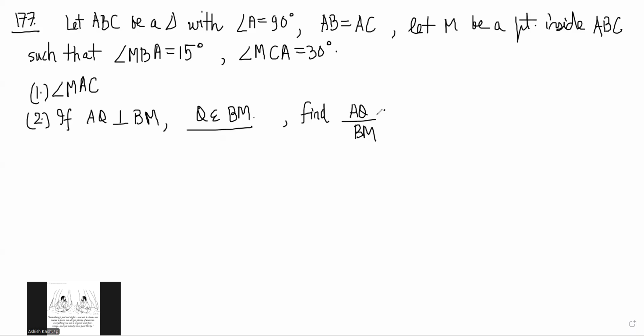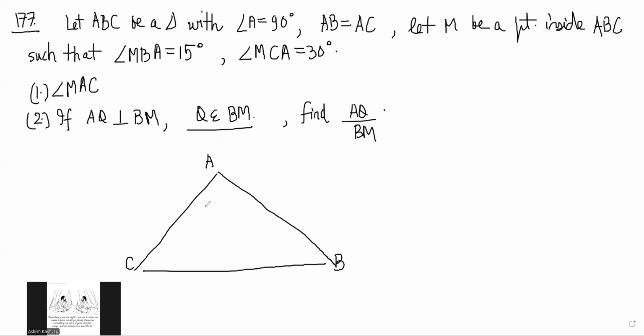So it's a right angle triangle with angle A 90. AB and AC are equal, so it's an isosceles right angle triangle. Something like this, ABC, angle is 90 degrees here.